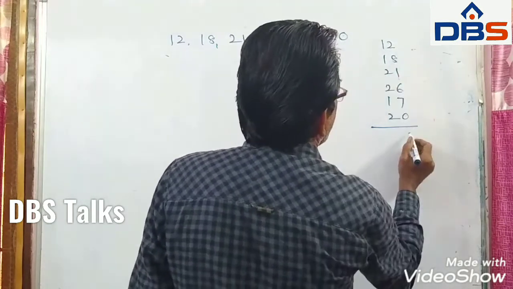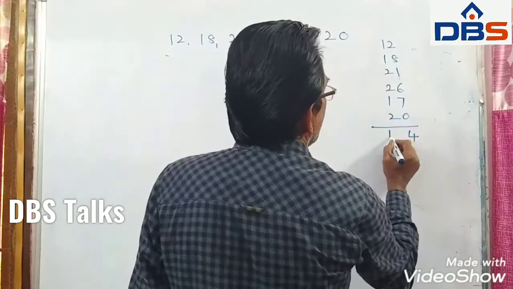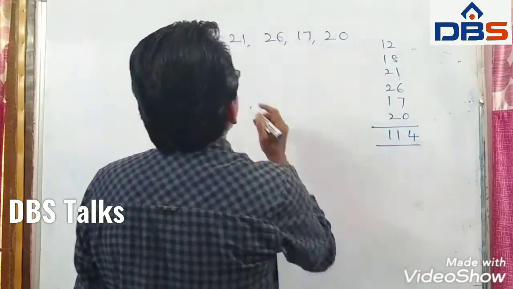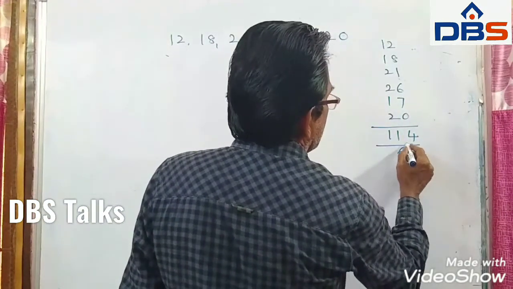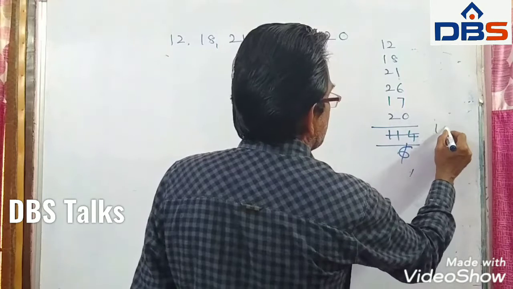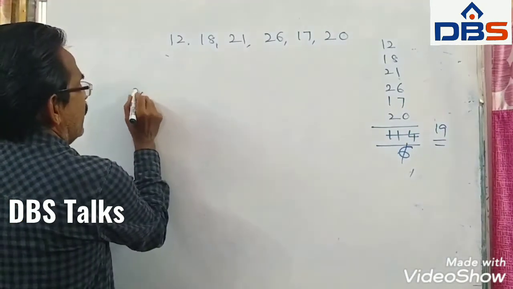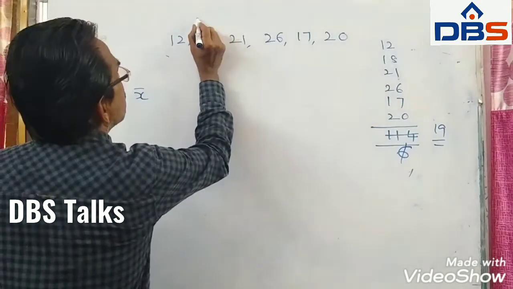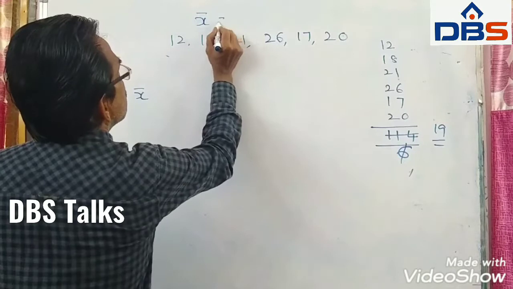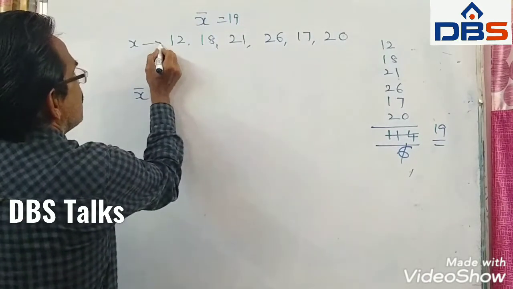The sum is 114. By how many values are there? 6 values. 6 19s are 114. So x bar, that is the mean, x bar is equal to 19.